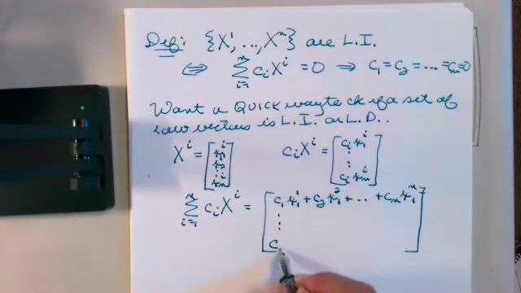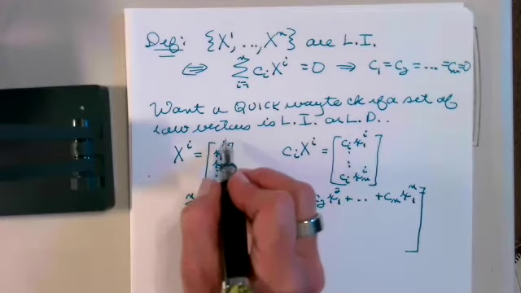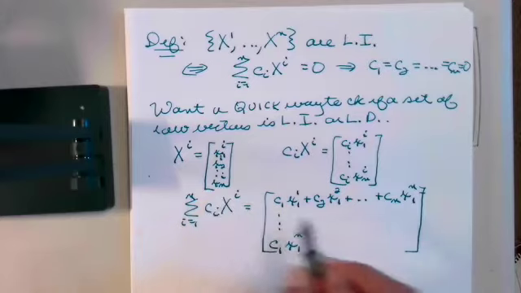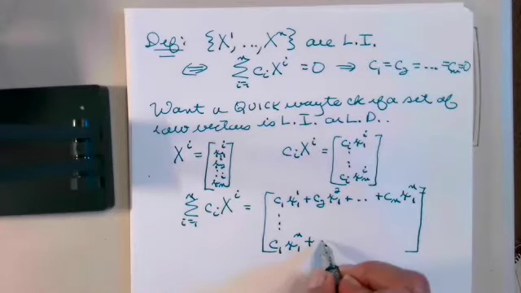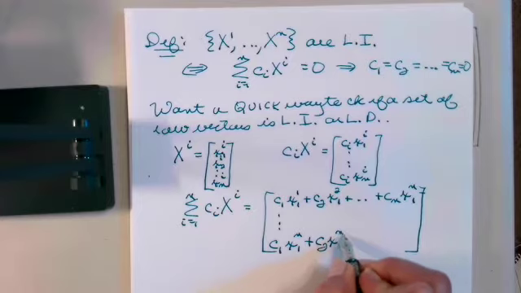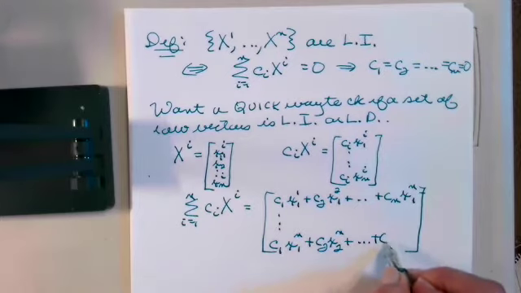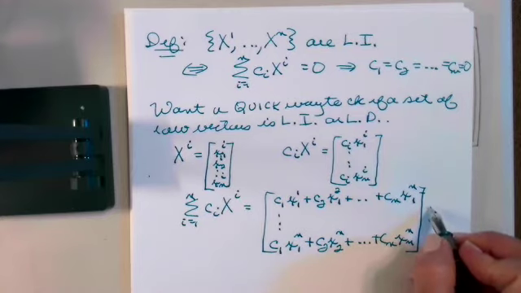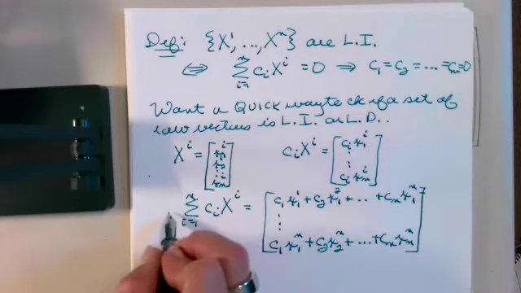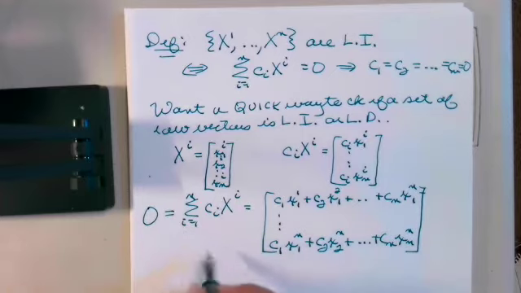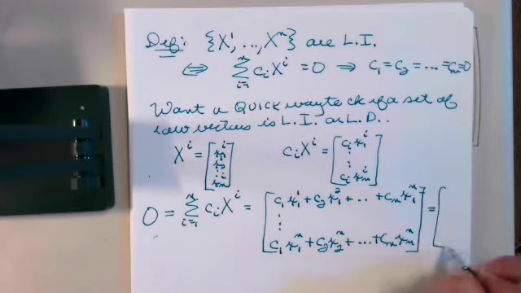At the last one, you'll get c_1 x^1_n plus c_2 x^2_n, up to c_n x^n_n. And we want to check, when does that equal 0? That's the definition. So this means really the 0 vector.